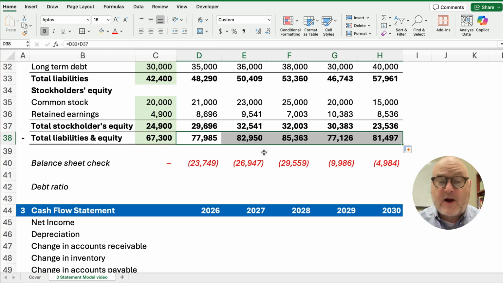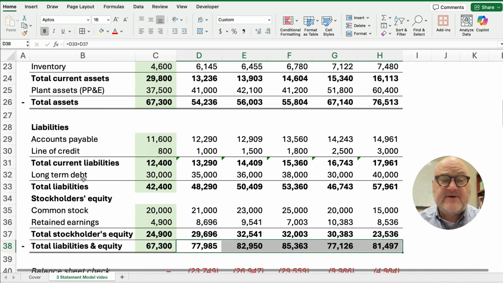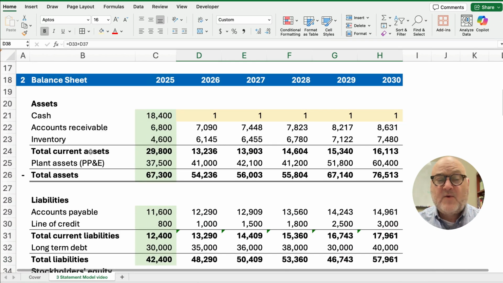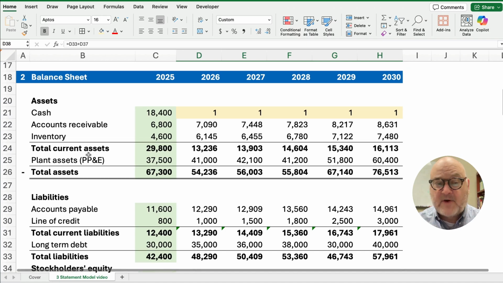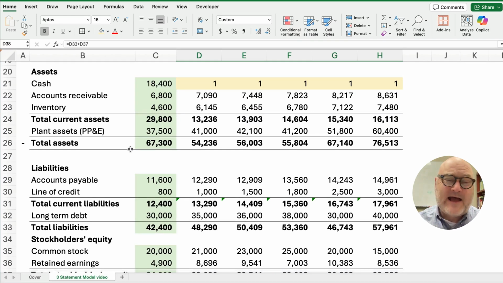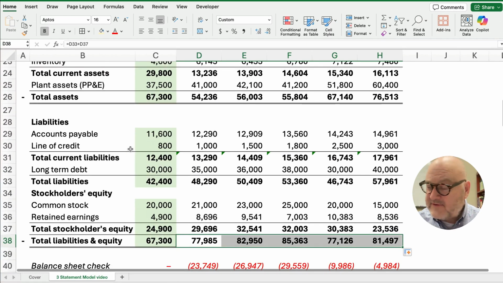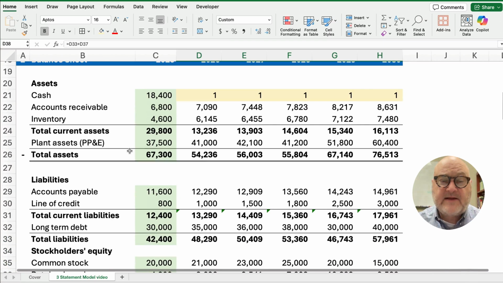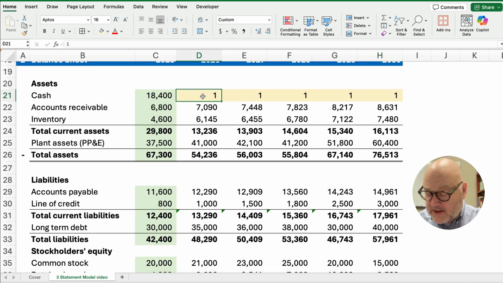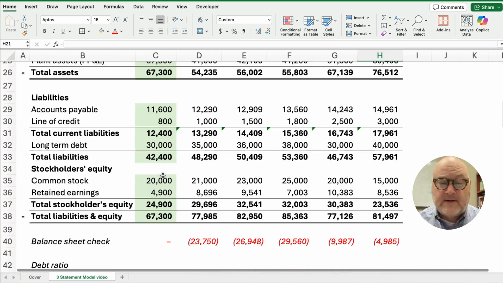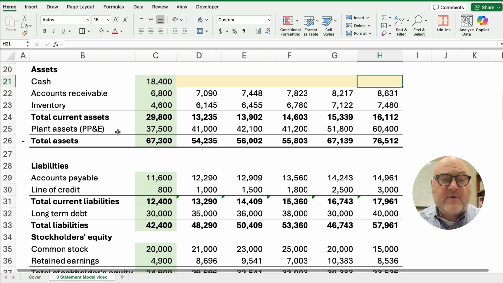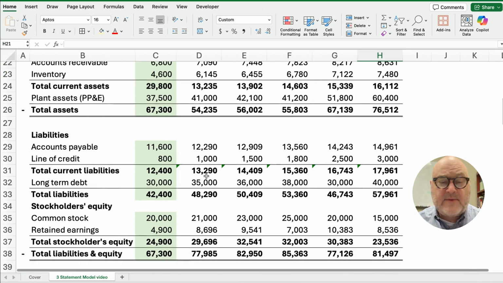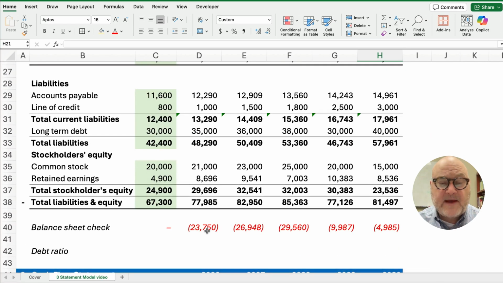Now, are we finished with the balance sheet? Let's look at the balance sheet for a minute. We are not finished. Why? Well, we don't know our cash. However, let's think about this for a minute. Let's say that instead of having $1, we don't have anything. It's zero. If we know all our assets, we know all our liabilities, and we know our equity, and we're out of balance, the only thing we don't know is cash.